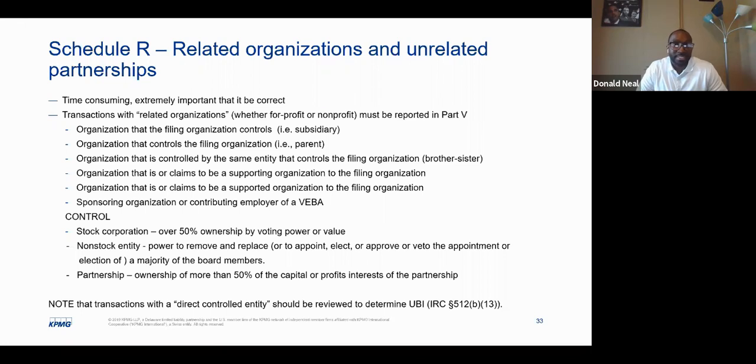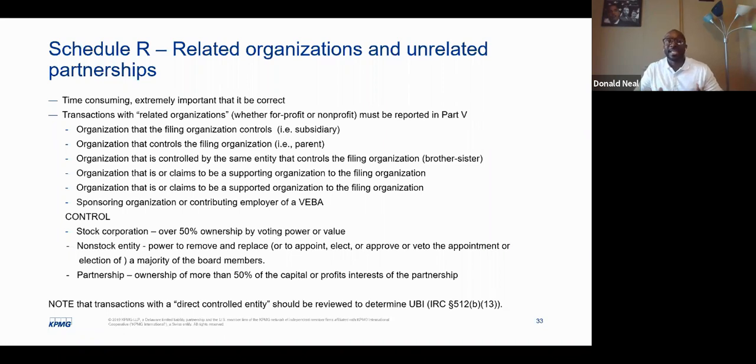Maybe the following organization controls the organization, maybe you're a subsidiary, maybe it's controlled by the same entity, or you're a supporting organization, but you do have to pay attention to the transactions with that related organization. And if you are the one controlling the organizations, then you would have to list the transaction amount. If it's over $50,000, you have to list those amounts in Part 5 and show it.